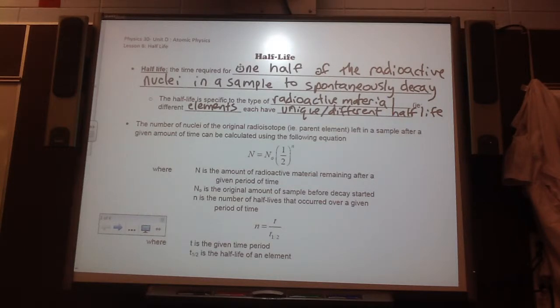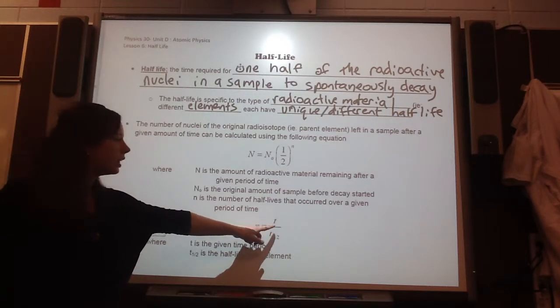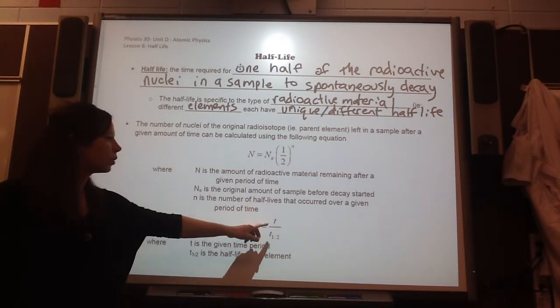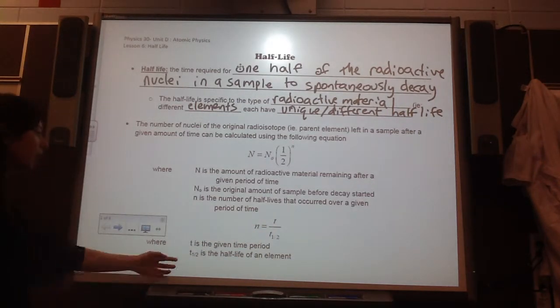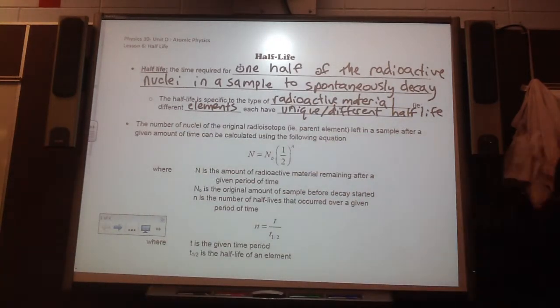In order to get n, you usually have to use the formula n is equal to t divided by t half, where t half is the half-life. It's not half of t, it's the half-life. So don't go t times a half.